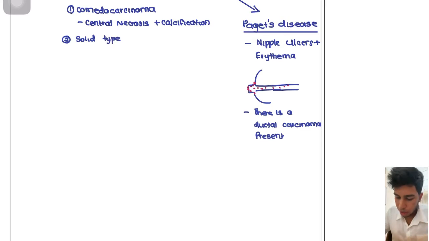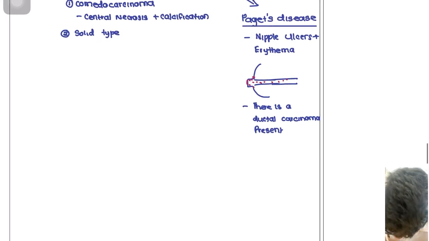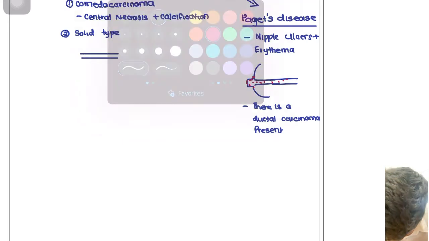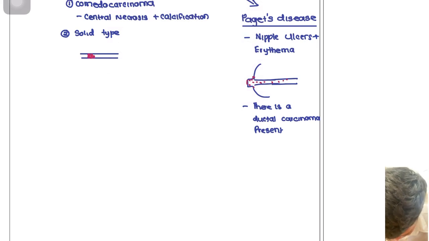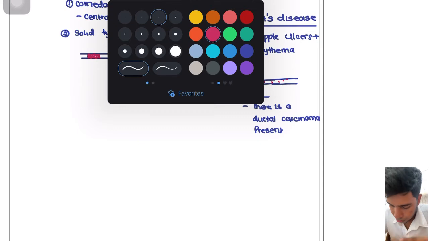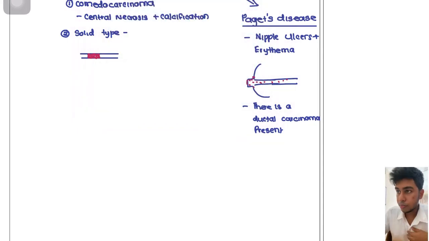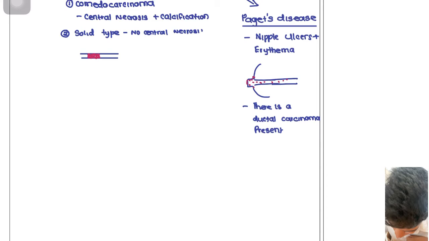Okay, let's take a smaller duct now. This is solid type. Okay, it has covered the entire duct. Okay, no central necrosis, but you get a filled duct.